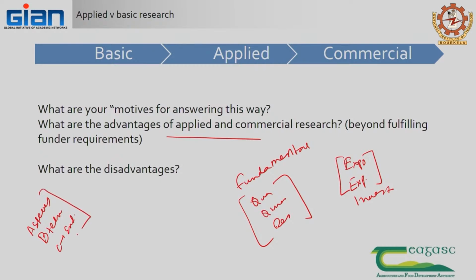Taking this much amount of water, this should be the flow rate, this is the species to be grown for this many days, this is the technology to use, and this is the product you will obtain. This all becomes process, and if some company is interested in that, or you start your own business, that becomes commercial. That means scaling it up at a commercial scale becomes commercial research, right?